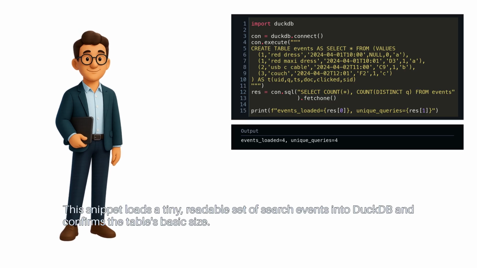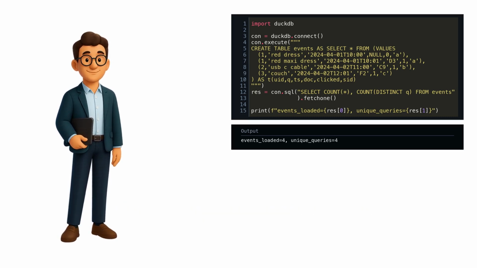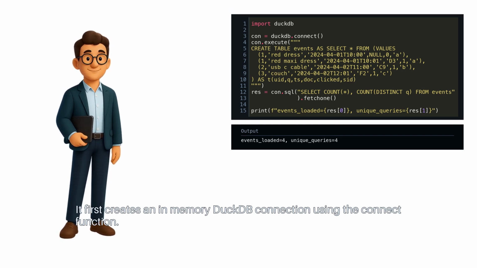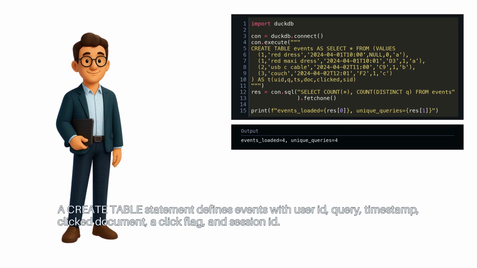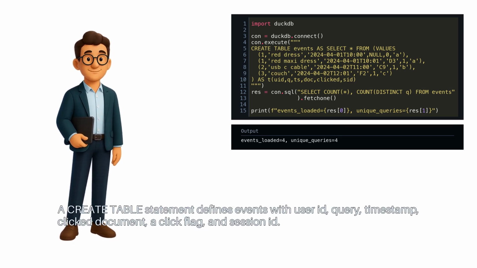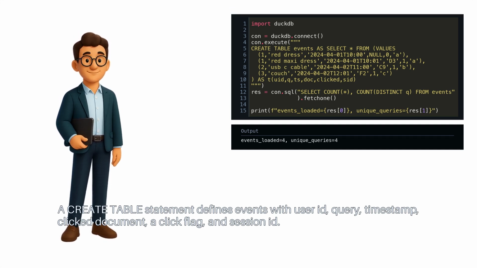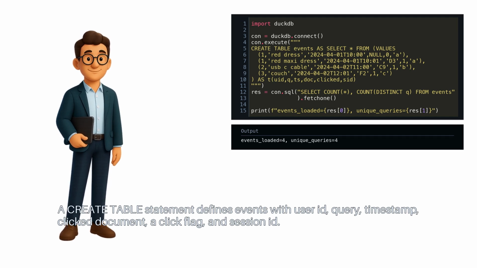This snippet loads a tiny, readable set of search events into DuckDB and confirms the table's basic size. It first creates an in-memory DuckDB connection using the connect function. A create table statement defines events with user ID, query, timestamp, click document, a click flag, and session ID.